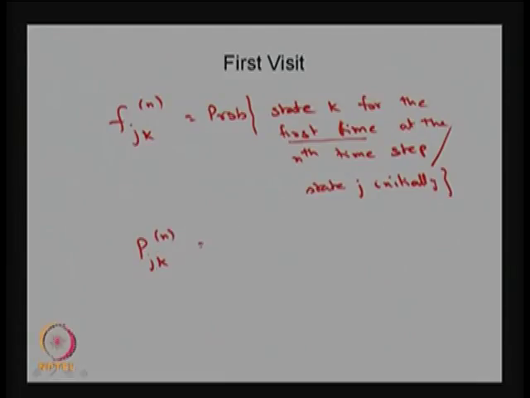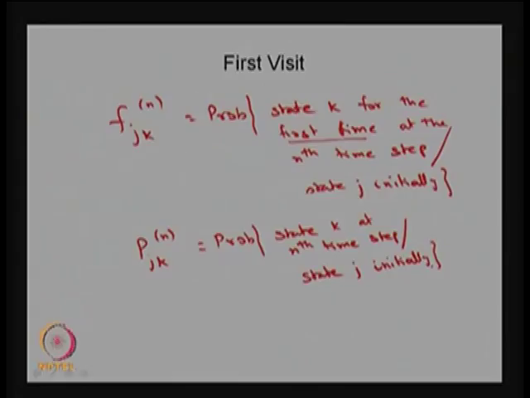This is also a conditional probability, whereas this probability is defined as follows. What is the probability that the system reaches the state k at the nth time step, given that it was in the state j initially?